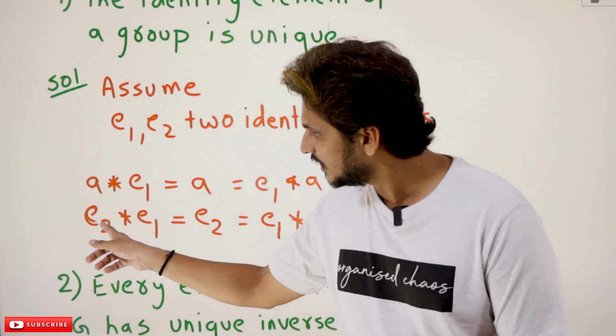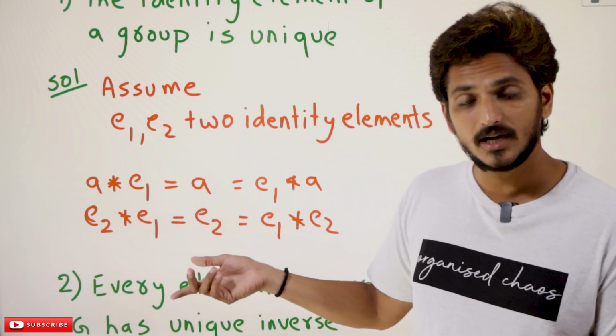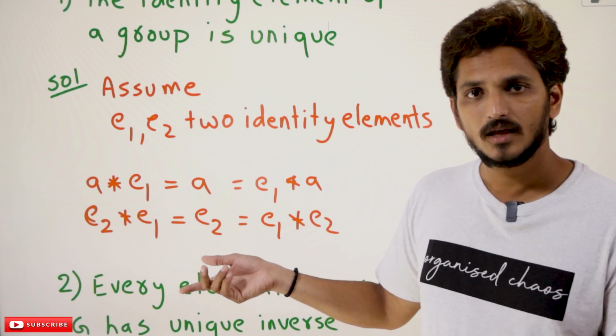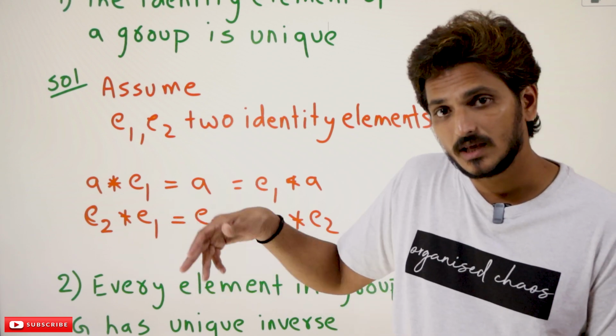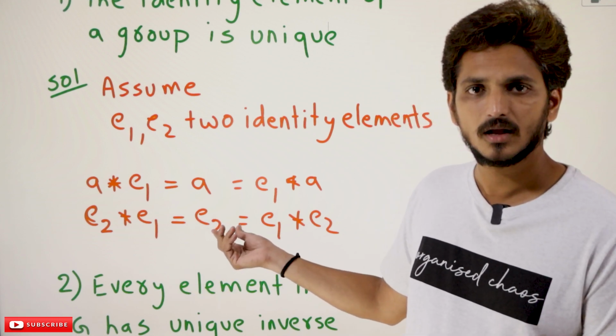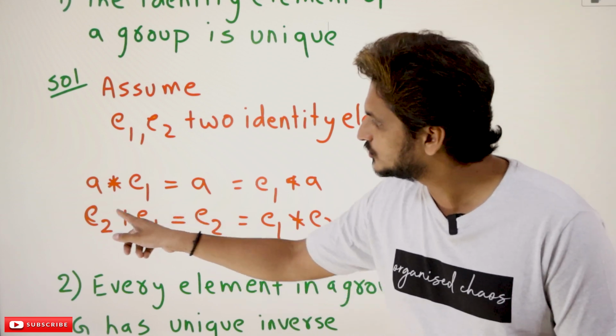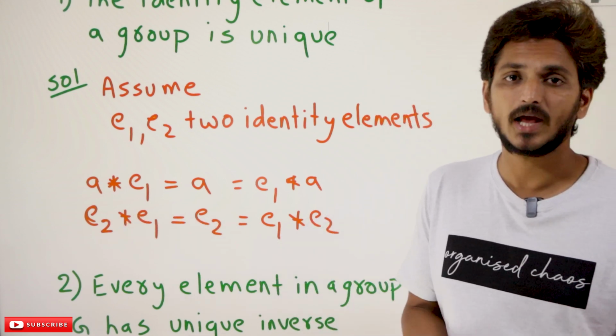We are assuming that E2 is an identity element and E1 is another identity element. Any one multiplied by identity element, you are going to get E2 or E1. This happens only if these two are same. Otherwise, it won't happen.